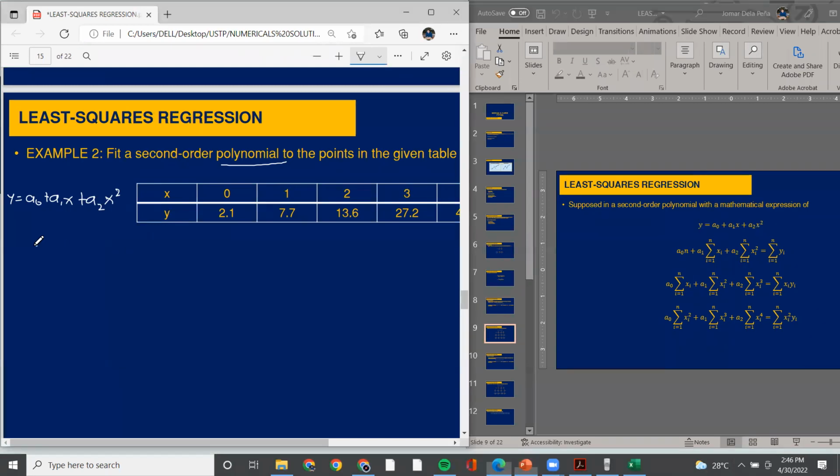We need the x, the summation of x, the summation of y. So pag yun, x squared. So kinahanglan tag x squared, x cubed, and x fourth. Okay, we have the x, the y, the x squared, x cubed, x to the fourth, x times y, and x squared times y.